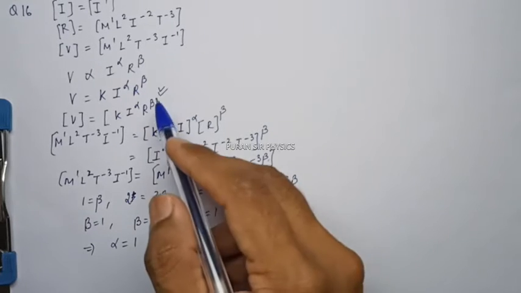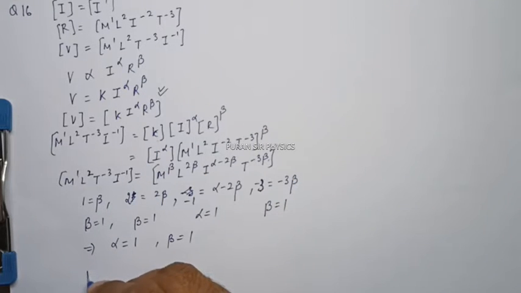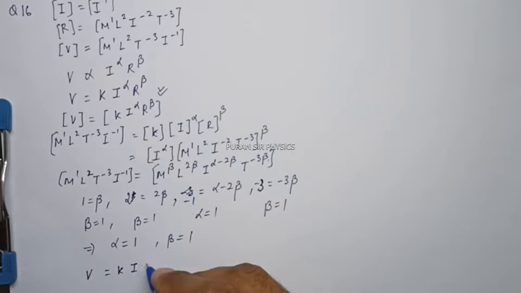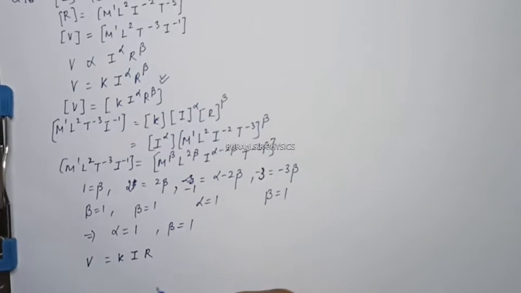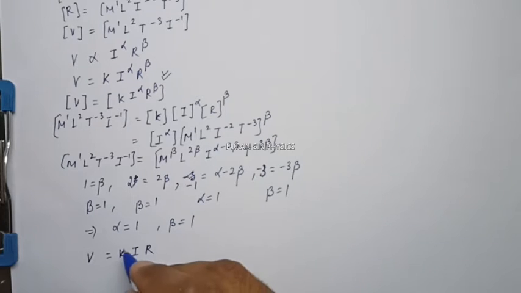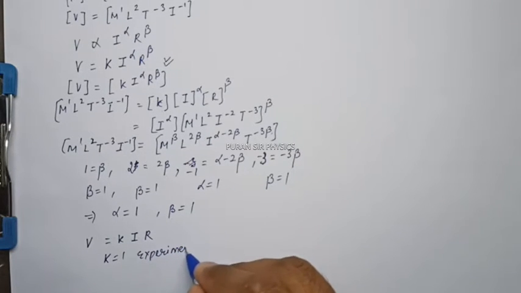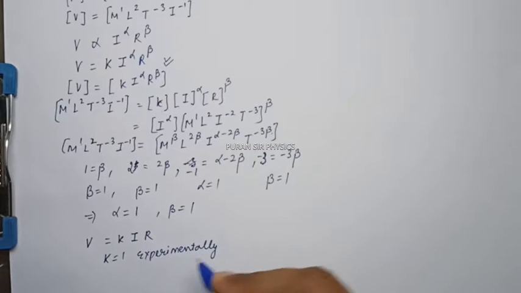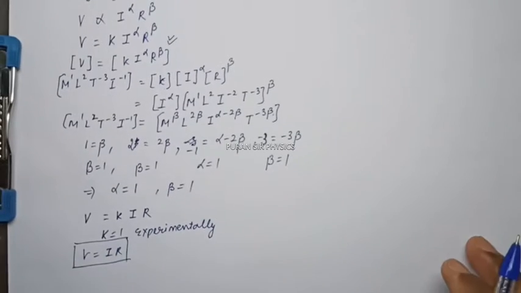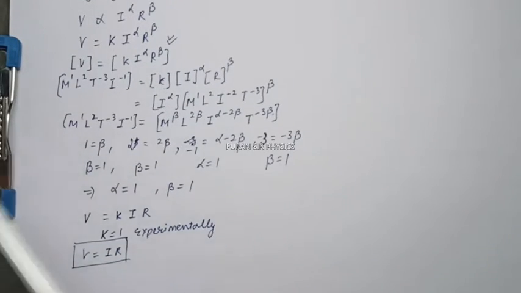If we substitute these values in our relation, we get V is equal to K times I raised to power 1 and R raised to power 1, and experimentally this constant K comes out to be 1. So V is equal to IR. This is your answer to question number 16.